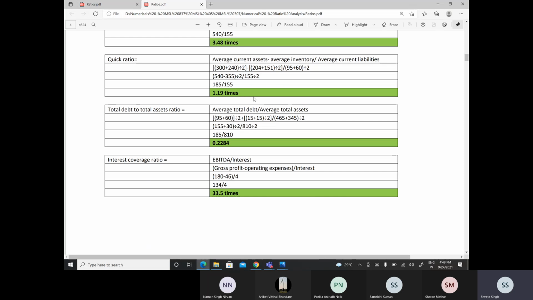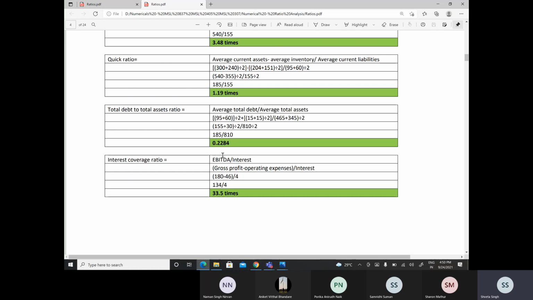Then the third ratio is the total debt to total assets ratio. So this is average total debt, which is average current liabilities plus average long-term debt divided by average total assets. So when we apply the figures here, it comes out to be 155 plus 30 divided by 2 divided by 810 divided by 2. So that is 185 by 810.